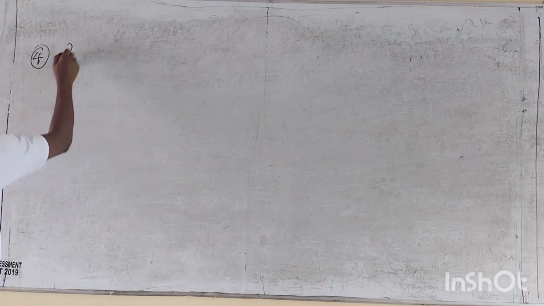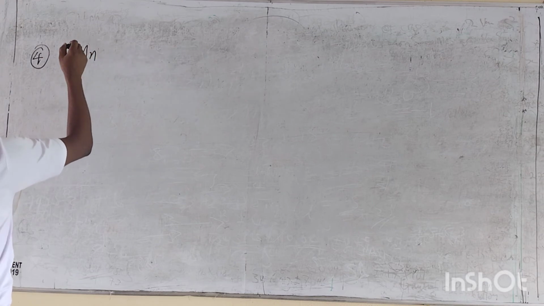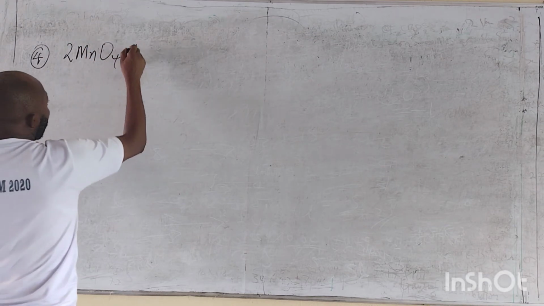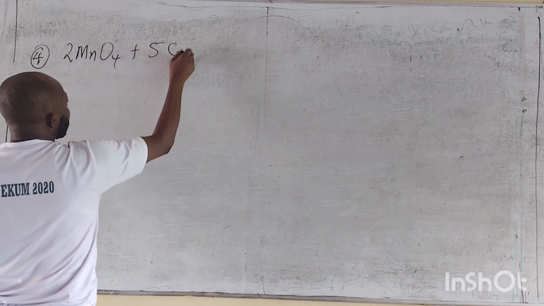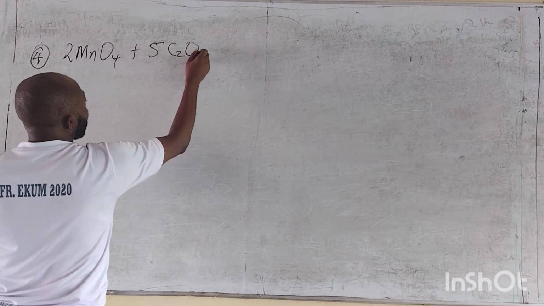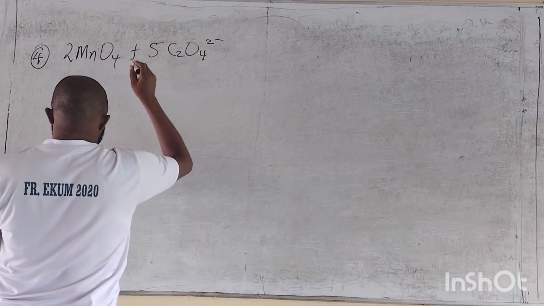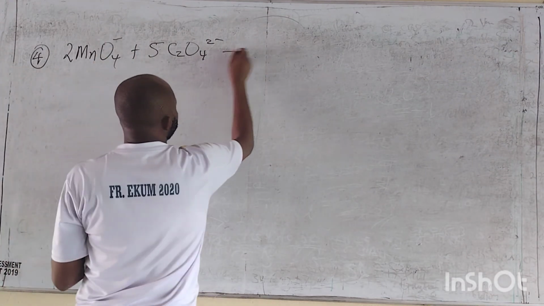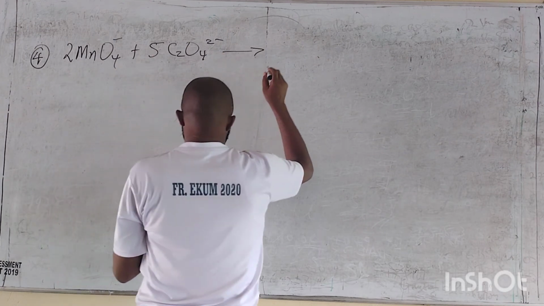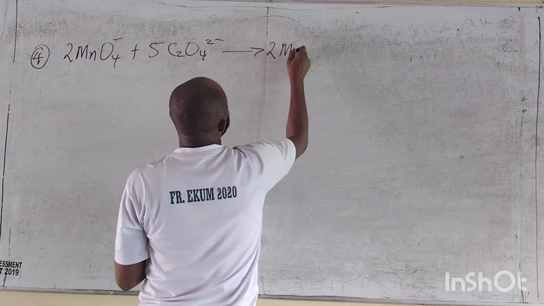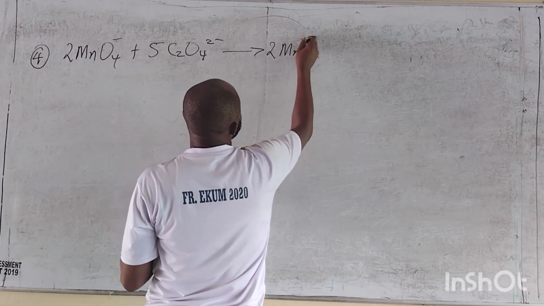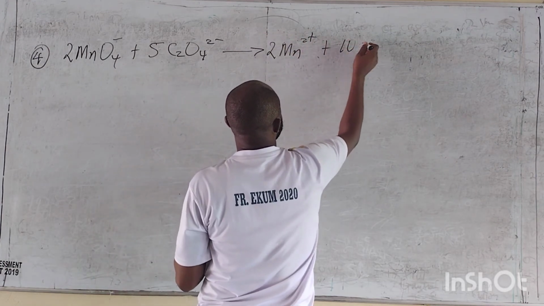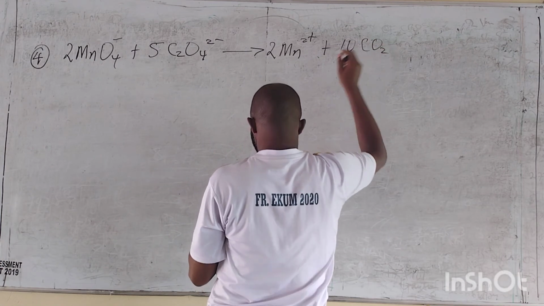We have 2 MnO4 minus plus 5 C2O4 2 minus. This is a minus here, pardon me. Gives us 2 Mn2+ and 10 CO2.